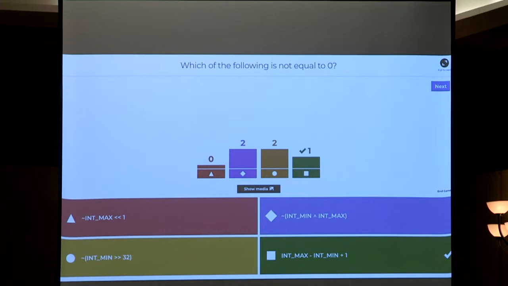What value is int max minus int min plus 1? What was that? It should be double int max, you think? How can any value in C be double int max? Because int max is the int max. You can't have anything bigger than that.